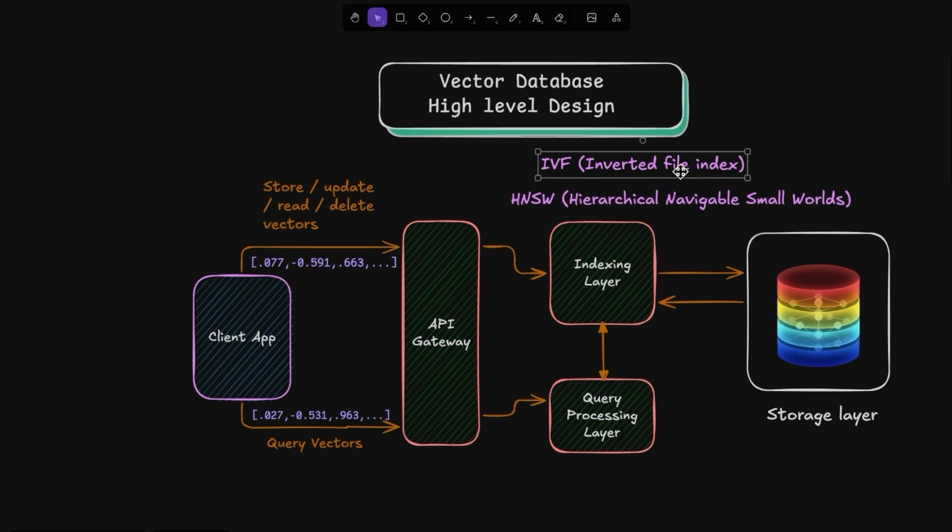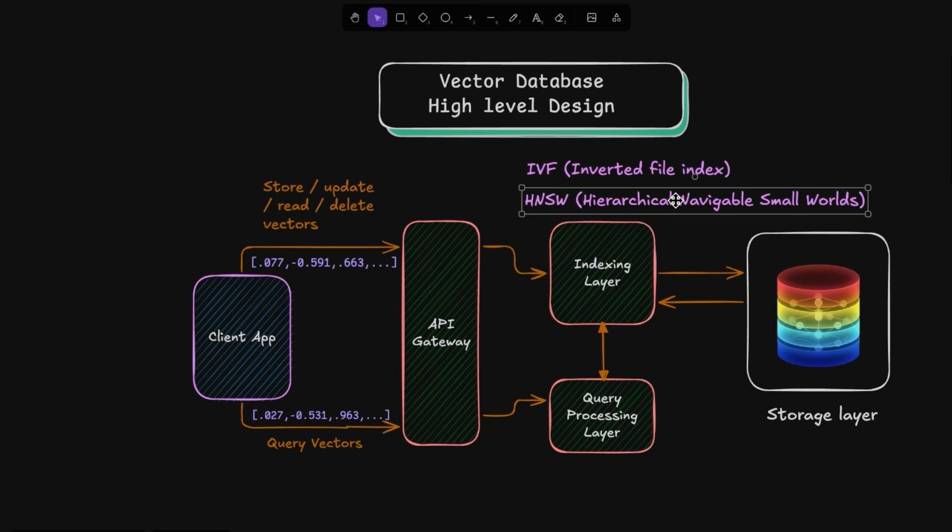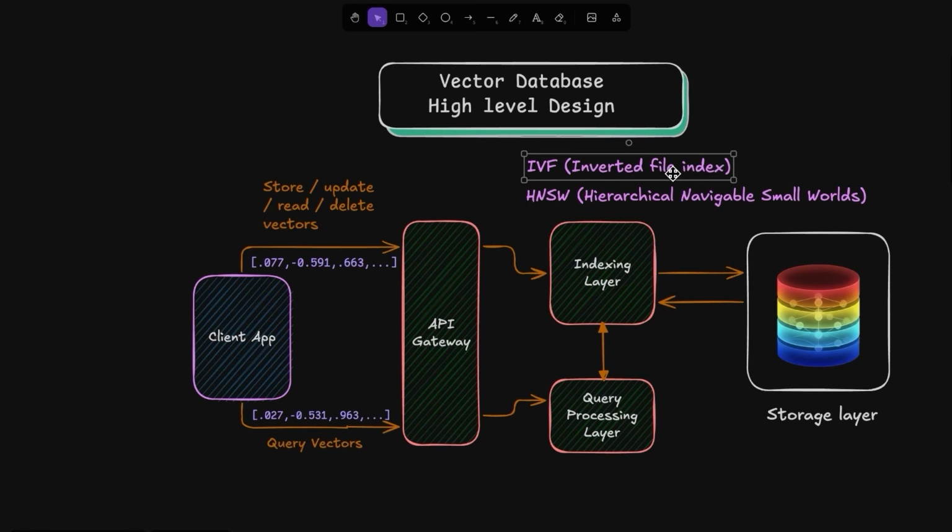These are the two key techniques that most vector databases apply in the indexing layer. And as I said, the main responsibility of the indexing layer is to enable fast, low latency search, so that you can search millions of vectors inside the storage layer efficiently.